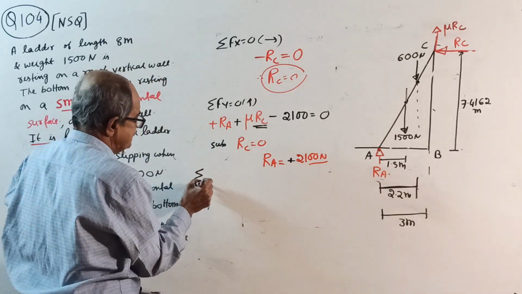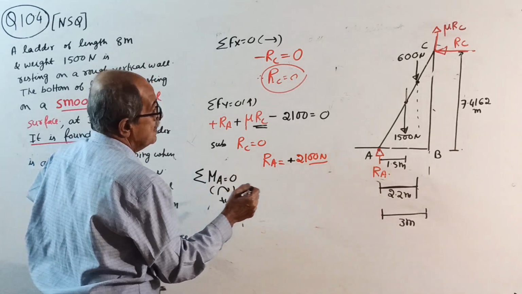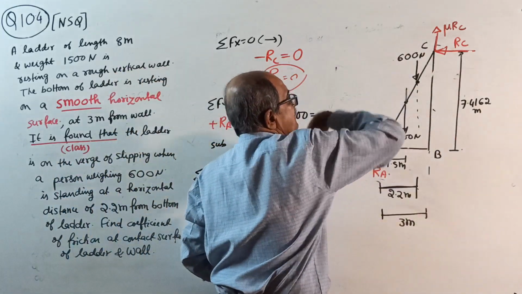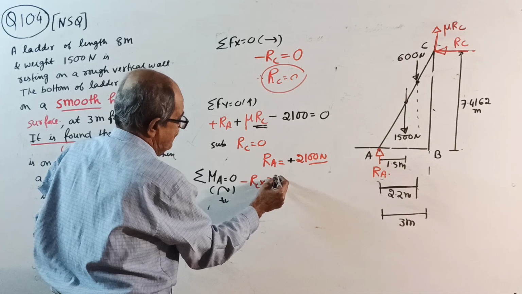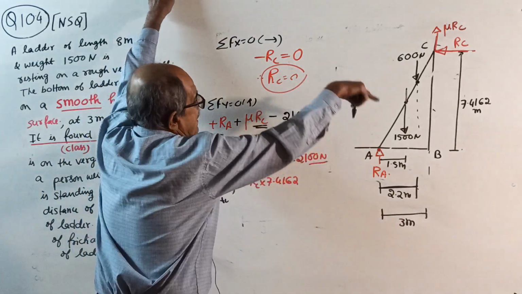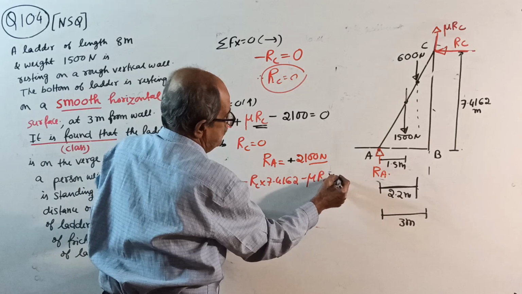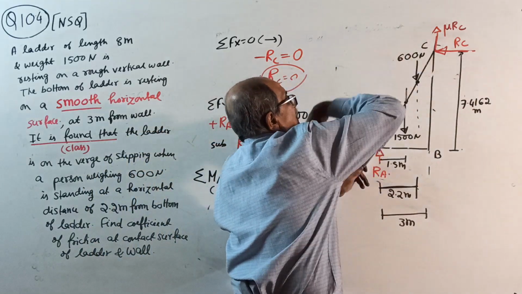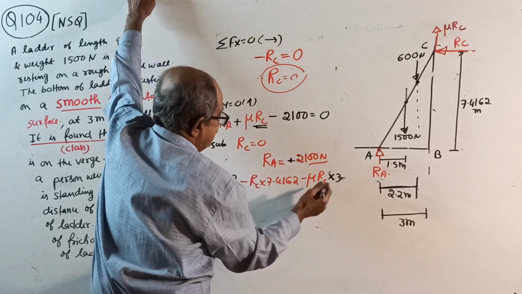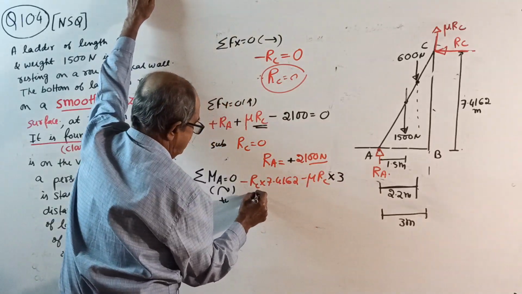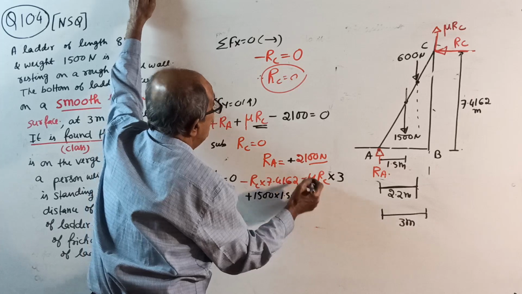Now see what happens. Sigma M about A equal to 0, take clockwise positive. Start here: minus RC into 7.4162, minus mu RC into 3, plus 1500 into 1.5, plus, now I cannot take 2100.